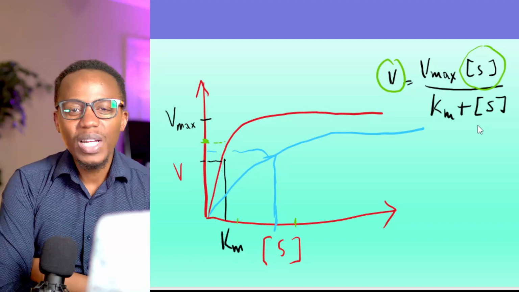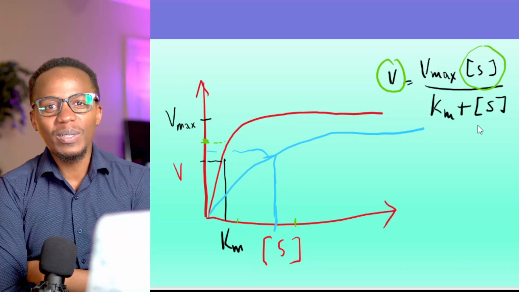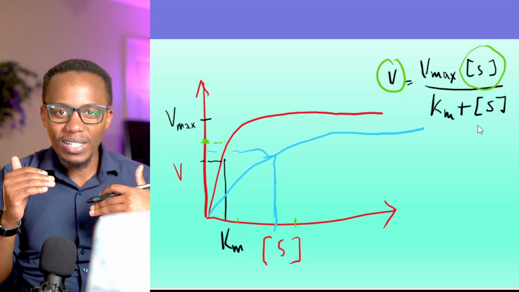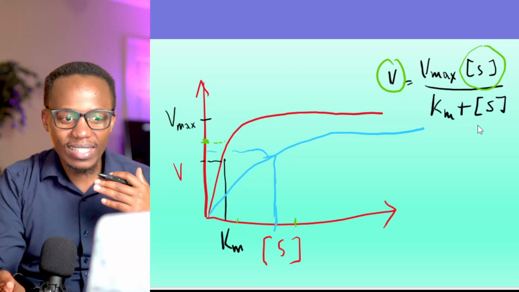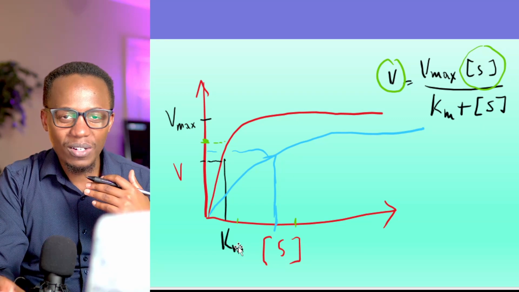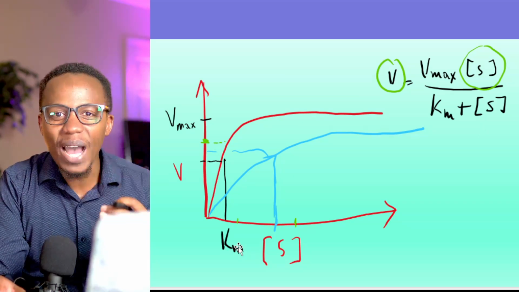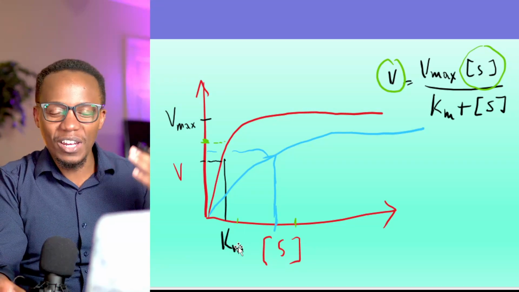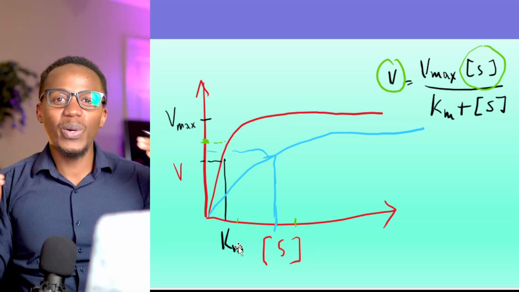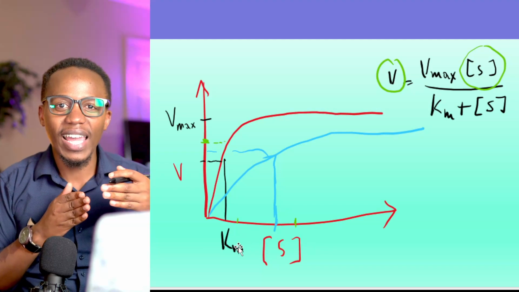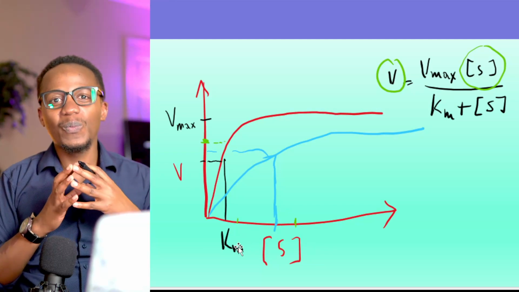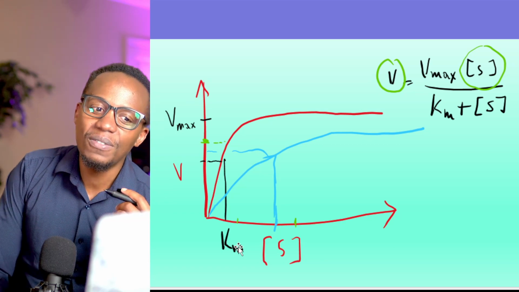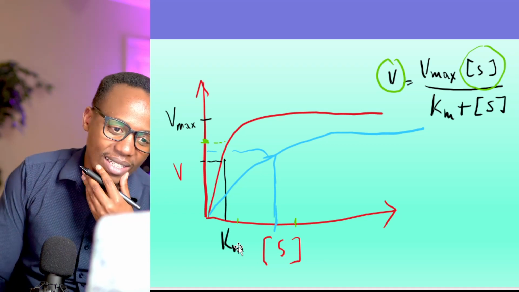Well, when S is at Km, V is equal to half of Vmax.